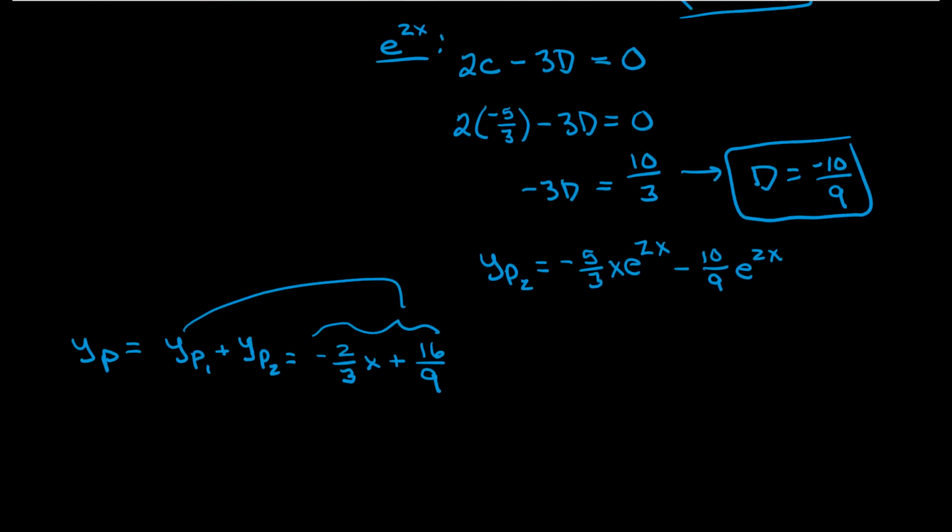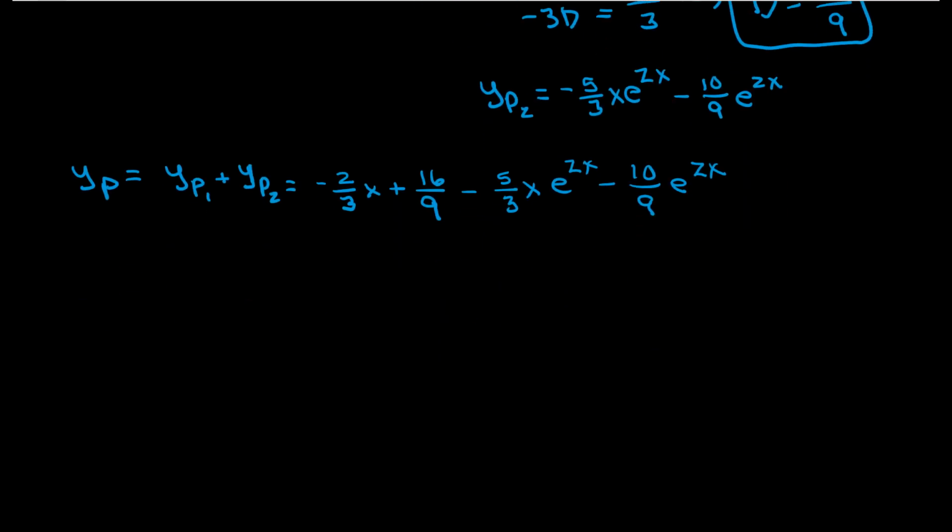To that, I'm going to add a negative. Well, if I add a negative, it's just subtracting 5/3 x e to the 2x minus 10/9 e to the 2x. Here, then, is a particular solution. Let's move this up a little bit so I can write it better. So we have this as a particular solution.